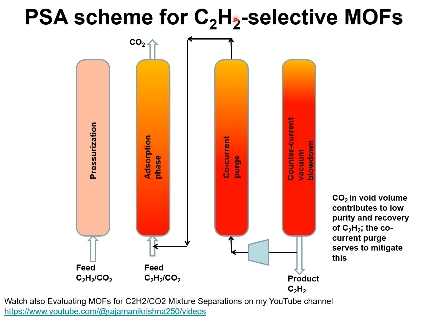For evaluating MOFs that are C2H2 selective, we need to consider a PSA scheme such as the one shown here. And I discussed this in detail in my video presentation, Evaluating MOFs for C2H2/CO2 mixture separation, on my YouTube channel.